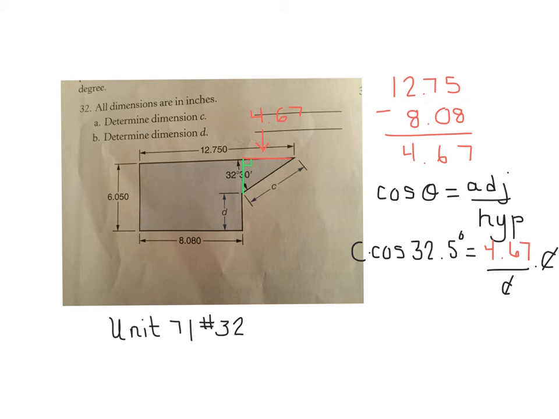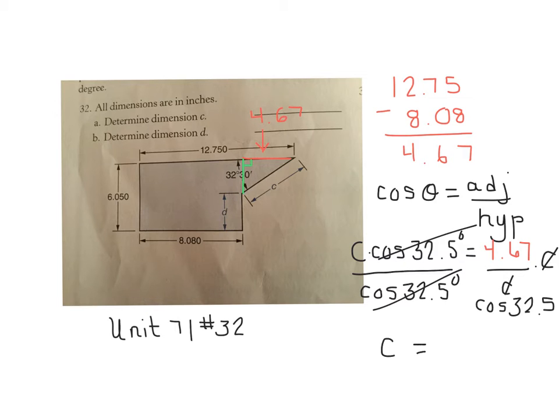And then to get C alone, I'll just need to divide both sides of my equal sign by the cosine of 32.5 degrees. That gets my C alone. So I find that the length of C is equal to 5.537 inches.